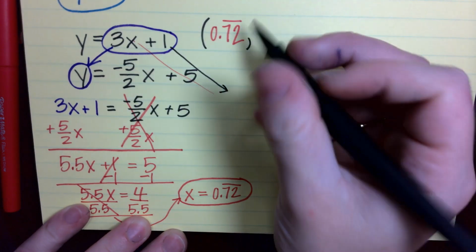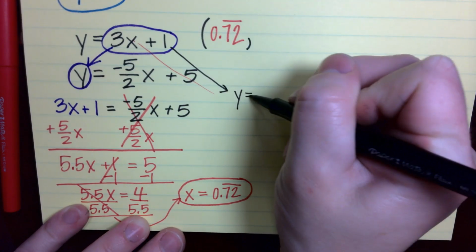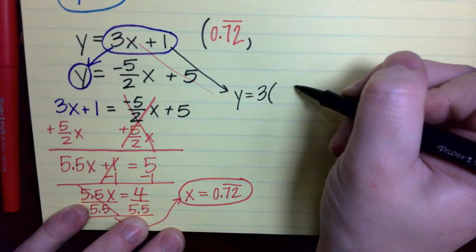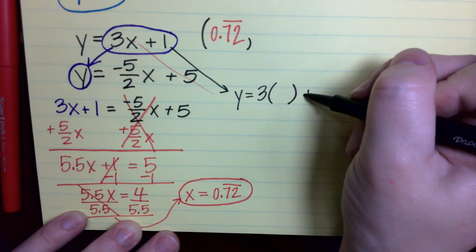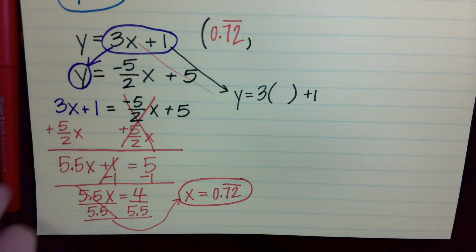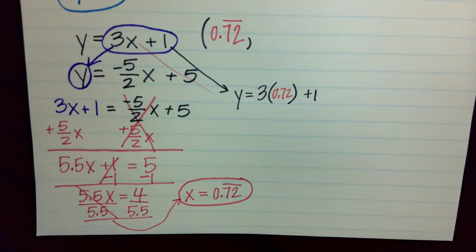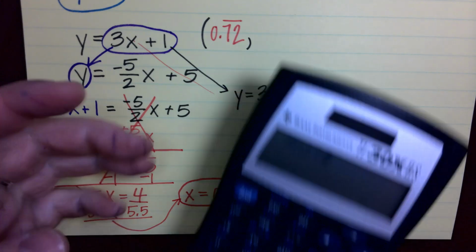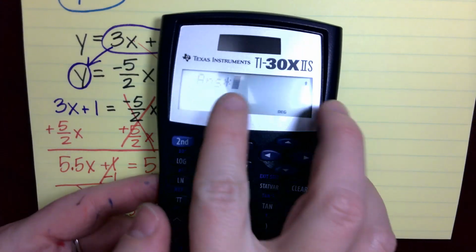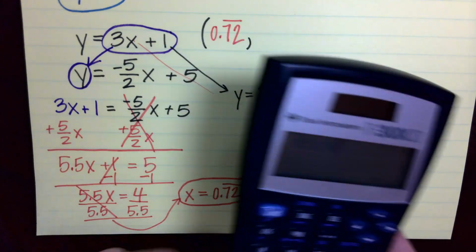So that's going to give us y equals 3 times 0.72 plus 1. Okay, and tell me what you guys end up getting for that. You don't need to do the repeating on this part, right? That's okay if you don't. However, if it's already in your calculator, then you can just hit times and it'll take that repeating decimal. I wonder if it'll make a difference.